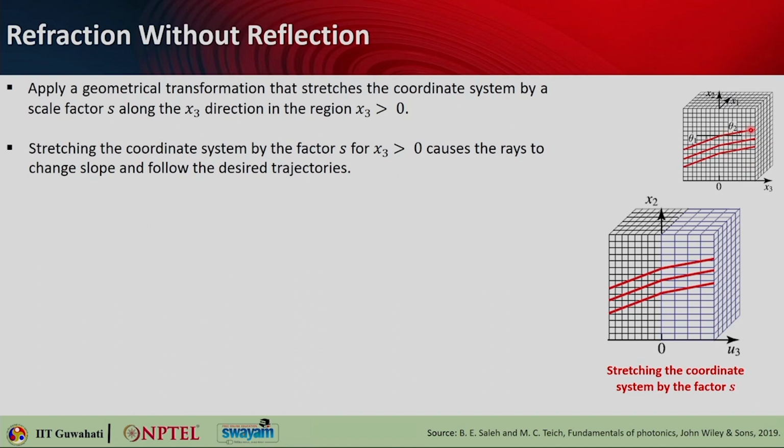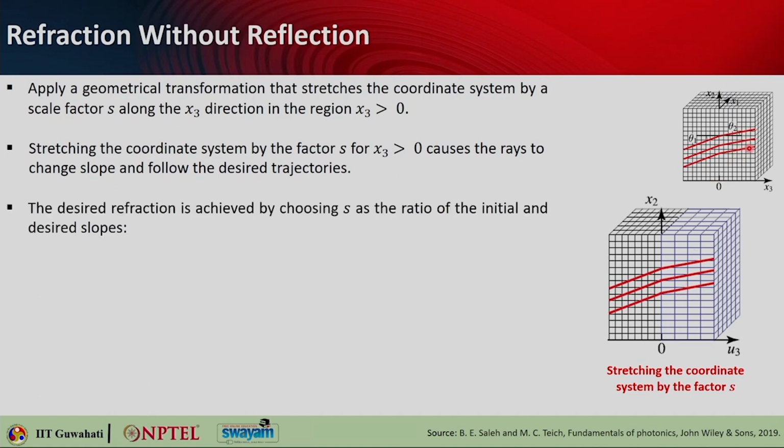We started with free space where the lines were simply going straight, then we stretched this axis so that you acquire the slope that you want in your desired optical response. The desired refraction is achieved by choosing s as a ratio of the initial and the desired slope.